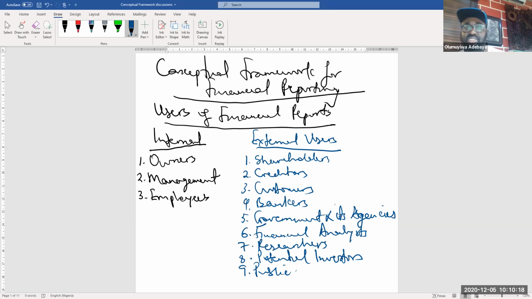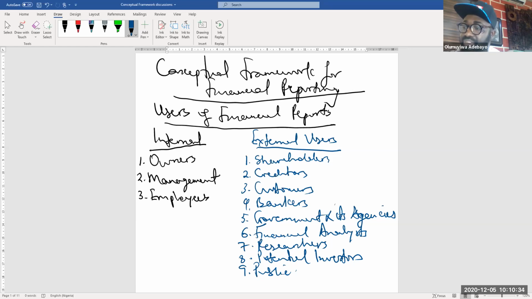There are various reasons to which a stakeholder is interested in appraising the information contained in the financial statements. Okay, now that is about chapter 1.